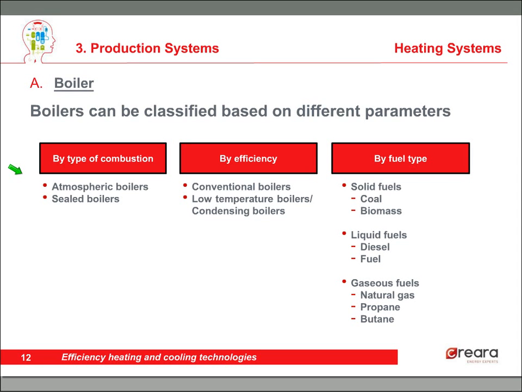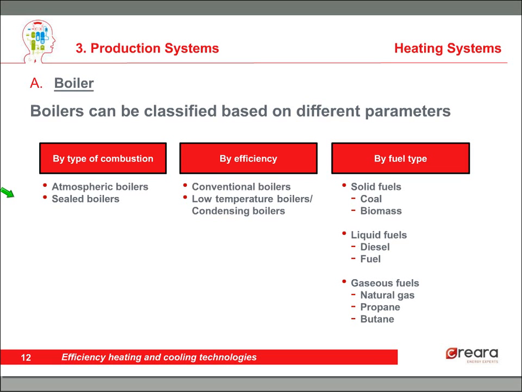But nowadays they are forbidden in some places, so you are not likely to see them around anymore. Their characteristic is to have the combustion chamber connected to the outside air, so it is not very efficient. And the other type is sealed boilers, which are the usual boilers you are going to find from every manufacturer nowadays.